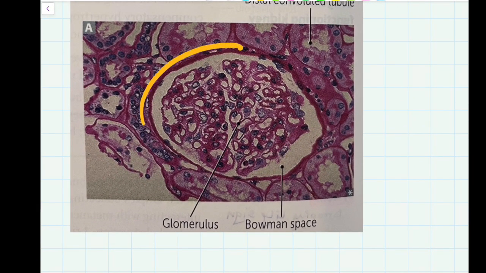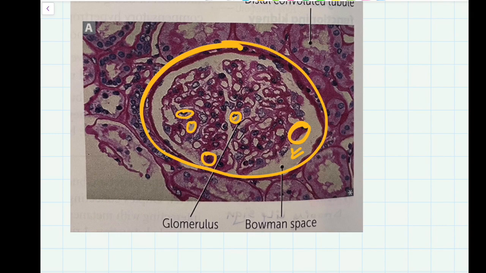So this is the Bowman's cup consisting of the urinary space or the Bowman space, and in between we can see the tuft of capillaries which is the glomerulus. So you can see the endothelial cells as well as the mesangial cells.